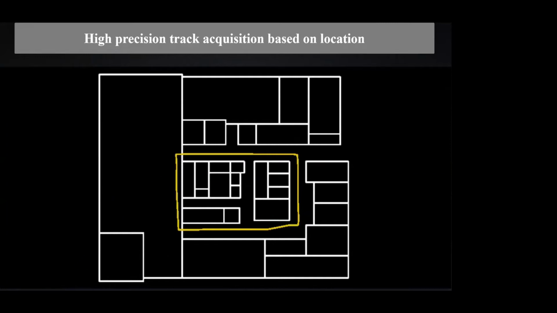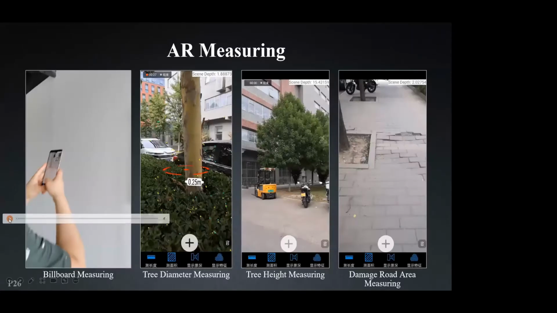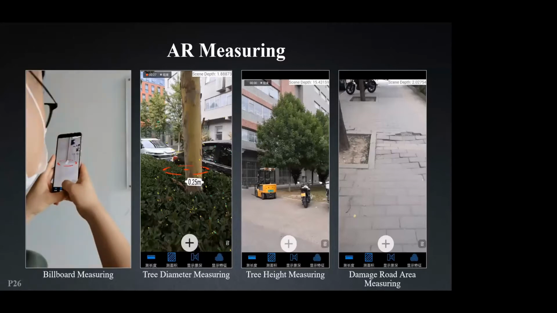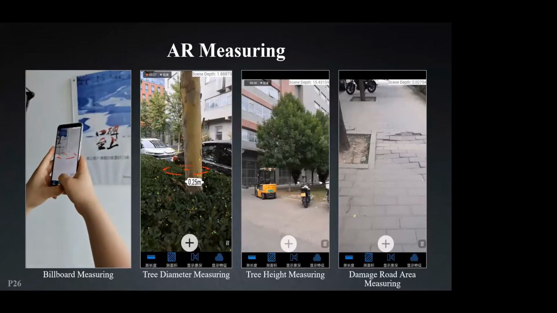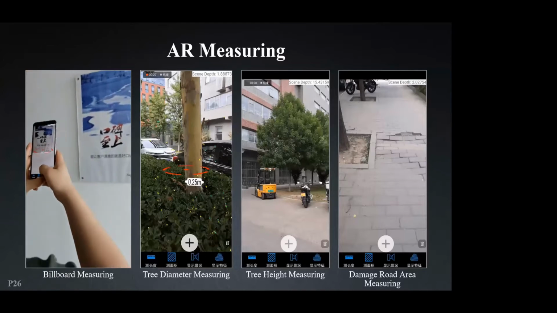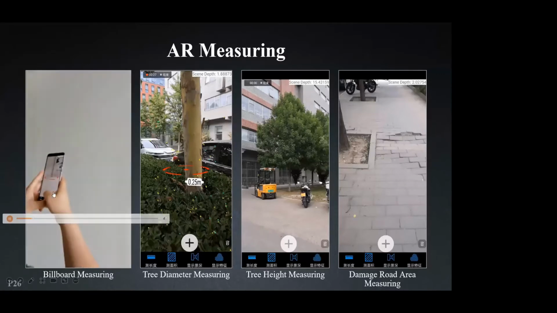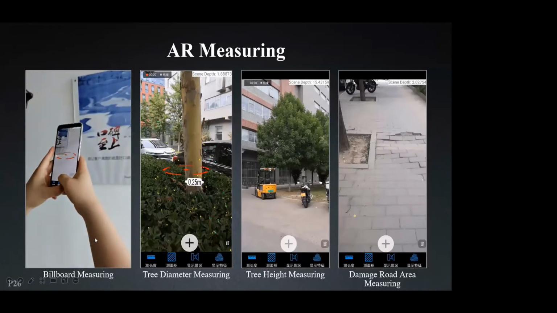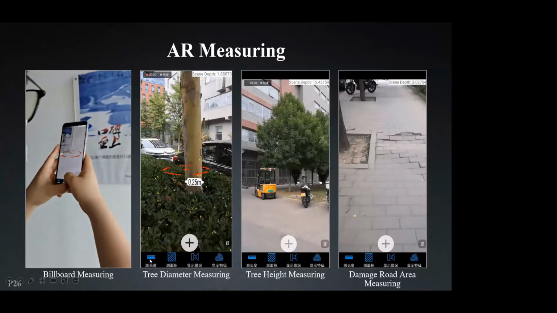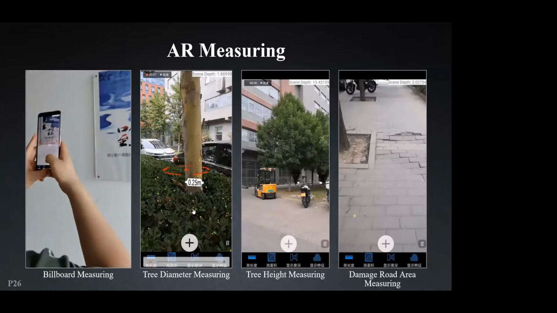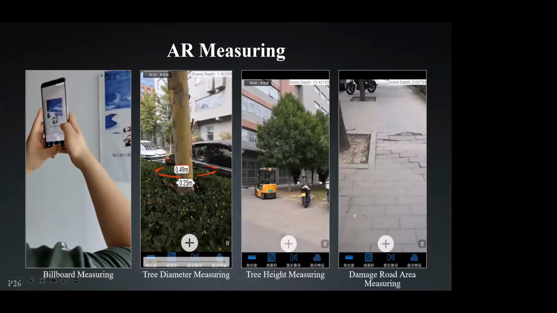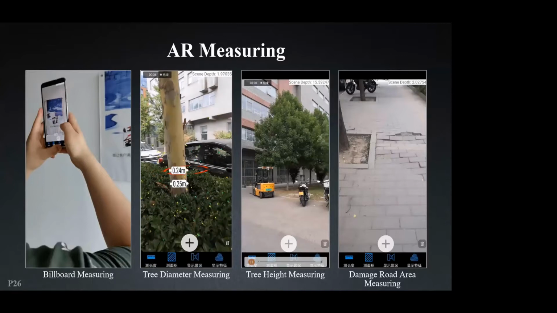As I mentioned, we also have the AR survey function, like you can measure the width and the length of an object, and also you can measure the diameter of a tree, and also the height of a tree.